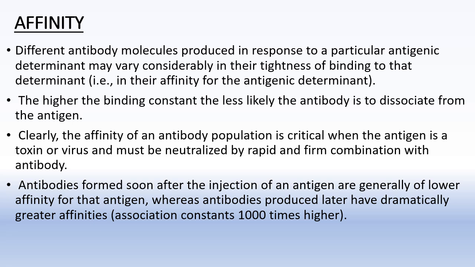Clearly, the affinity of an antibody population is critical when the antigen is a toxin or virus and must be neutralized by rapid and firm combination with antibody. Antibodies formed soon after the injection of an antigen are generally of lower affinity for that antigen, whereas antibodies produced later have dramatically greater affinities, association constants 1,000 times higher.